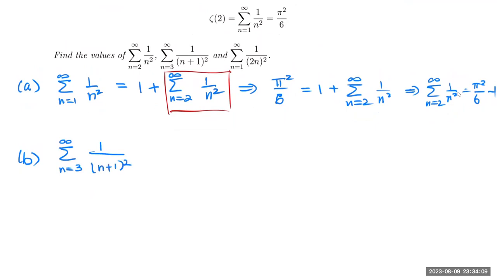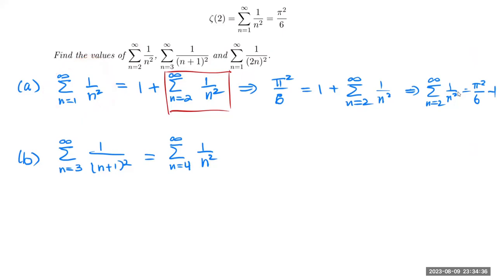And since if we put 3 in, we get 4 squared inside, that also means we could write this as the infinite sum, n is equal to 4, of 1 divided by n squared, sorry. Okay, so same thing as before.